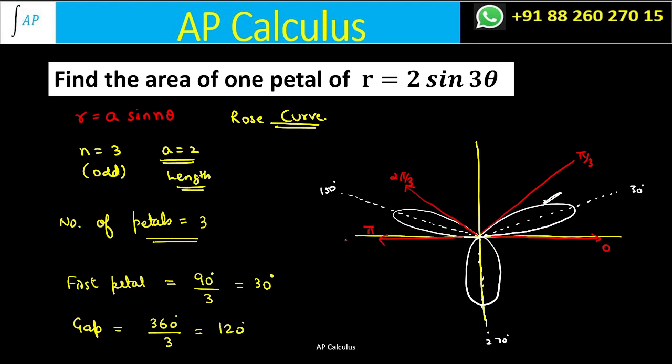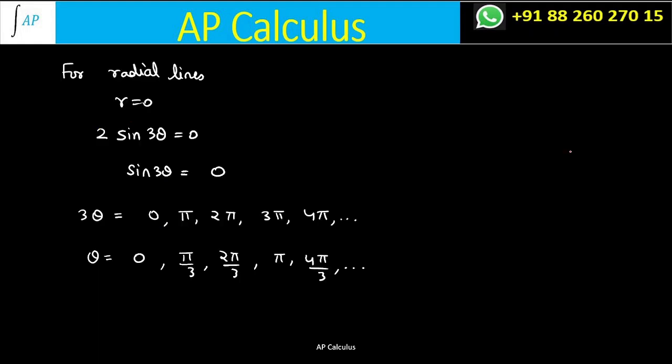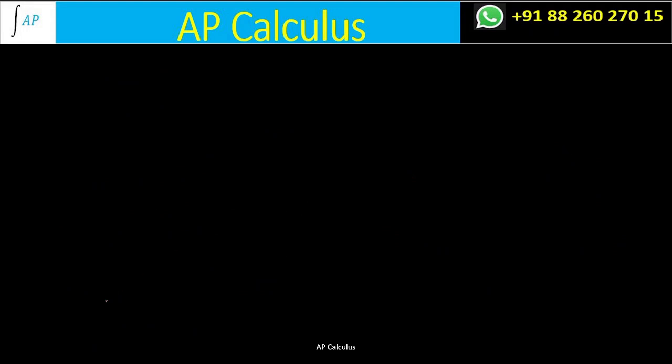Since it is asking us to find the area of one petal, you can integrate either from 0 to pi by 3, or 2 pi by 3 to pi, along these radial lines. It's easier to go with 0 to pi by 3. So this is my alpha and this is my beta. Alpha is 0 and beta is pi by 3.